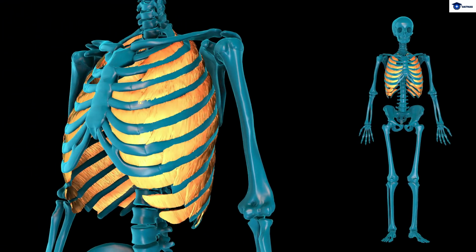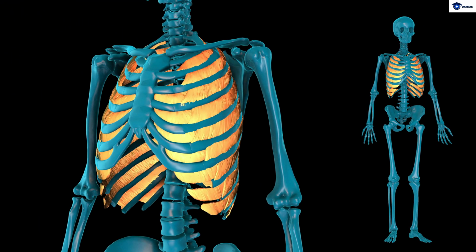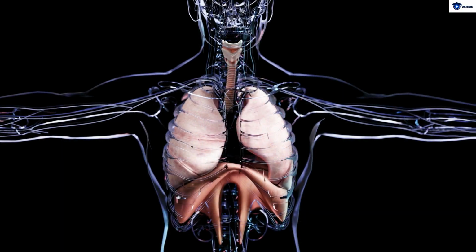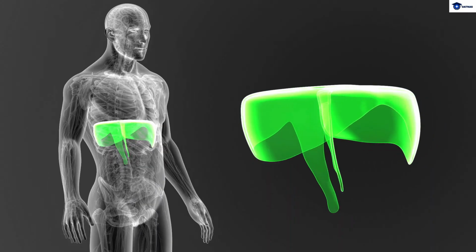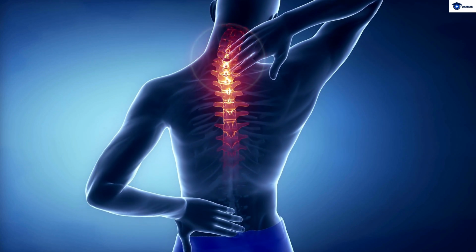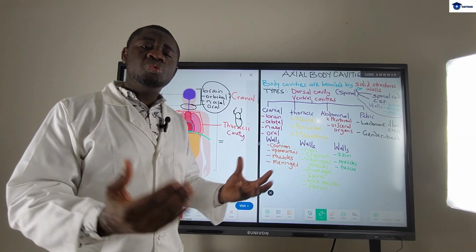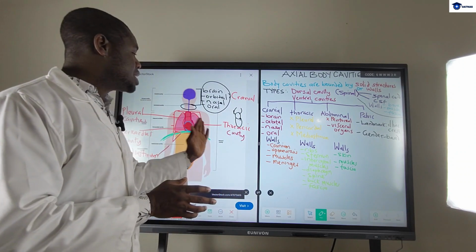The intercostal muscles are the muscles that are between the ribs. We also have the diaphragm, we have the spine at the back. All these structures form the walls of the thoracic cavity.